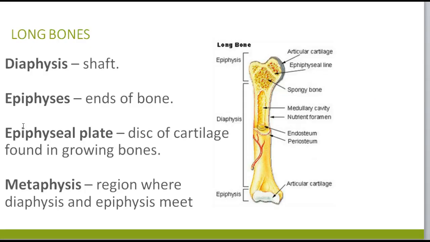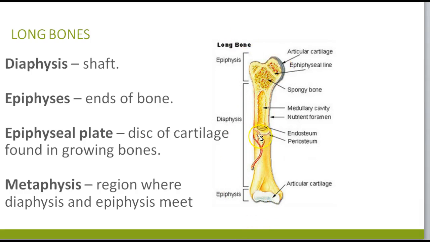So if we first of all look at our long bones, we've got the picture here of the long bone, and we've got the epiphysis, we've got the diaphysis, and again the epiphysis. These are the areas, as you can see, at the top and the bottom of the bone.